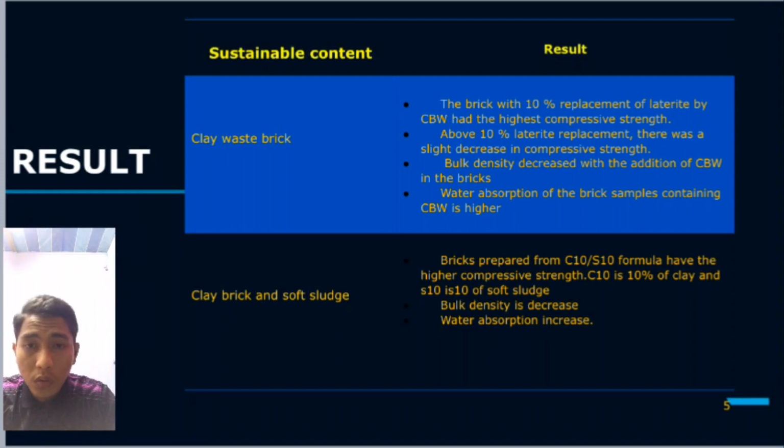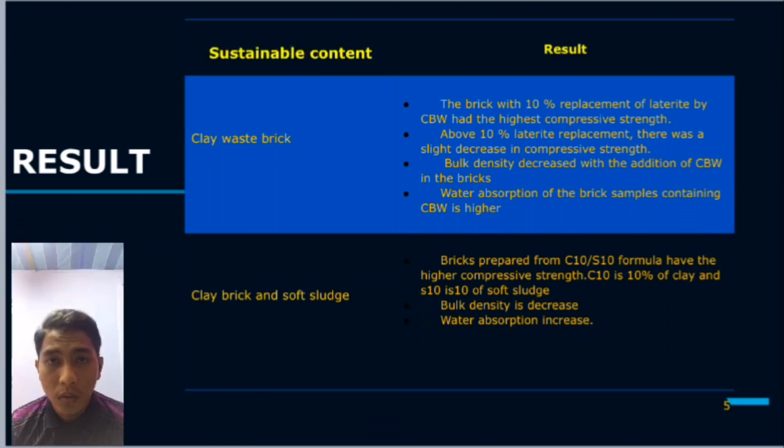So next we go through the result of this project. The sustainable content has two types, which are clay waste brick, and clay waste brick with soft sludge. For clay waste brick, the brick with 10% replacement of laterite by clay waste brick has the highest compressive strength, and above 10% there was a slight decrease in compressive strength.